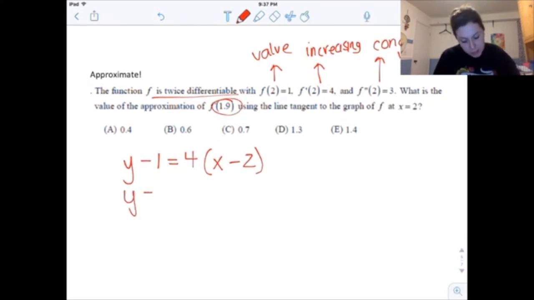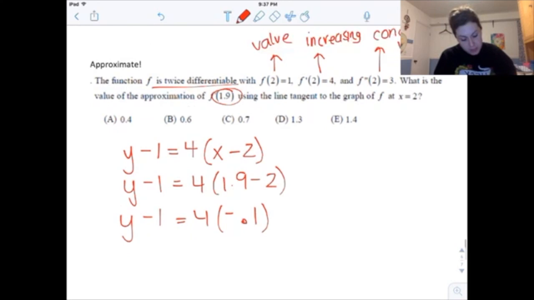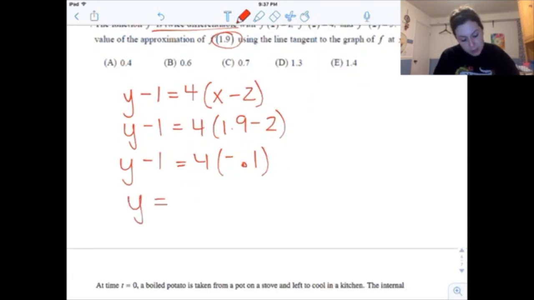So it's going to be y minus 1 equals 4 times 1.9 minus 2, which is y minus 1 is 4 times negative 0.1, negative 1/10. And so y equals 1 minus 0.4. So this is 0.6.